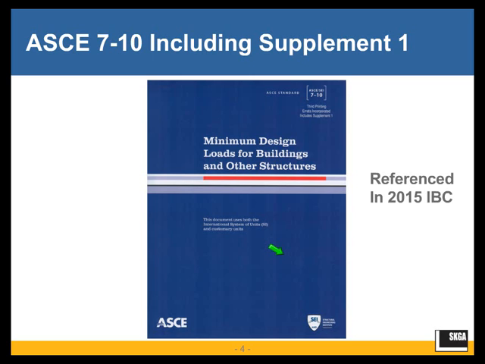That edition of ASCE 710 represents big changes from ASCE 710, big changes in seismic design, in wind design, in other areas. ASCE 716 is likely to be or is expected to be adopted by the 2018 IBC and at that time you will see very, very significant changes in chapter 16.